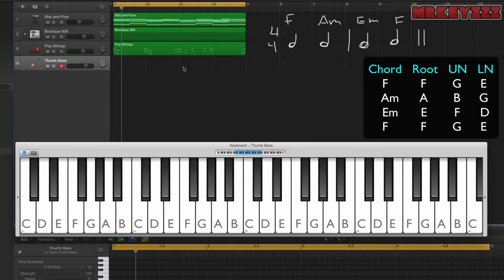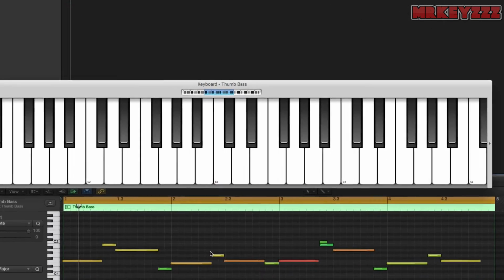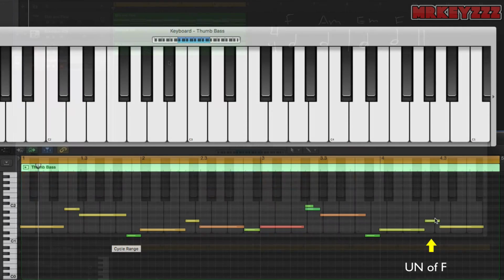Let's take a look at another example where we're going to alternate between upper neighbors and lower neighbors. So in that example, I started with an upper neighbor, then I did a lower neighbor, then I did an upper neighbor, then lower neighbor, then upper neighbor, with some mistakes there, then a lower neighbor, then an upper neighbor.